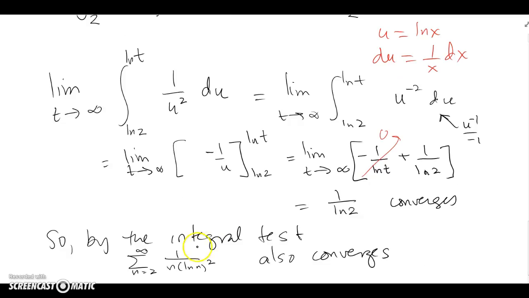So we can conclude that by the integral test, since the integral converged, our original series also converges. And again, if I look at my TI, the terms of the sequence will go to 0, and the partial sums of the series will level off and go to some certain number. We haven't found that number. All we know is that it converges.